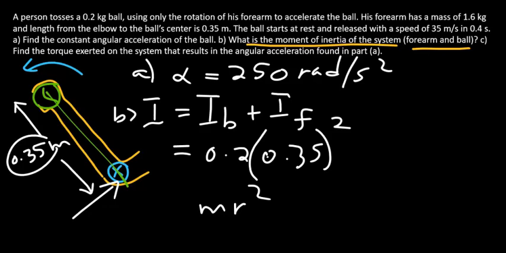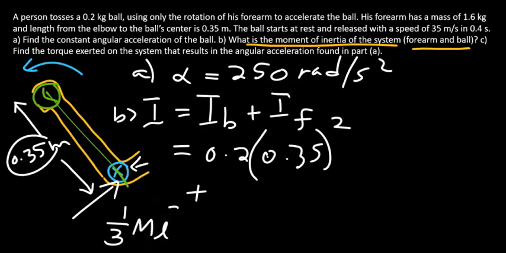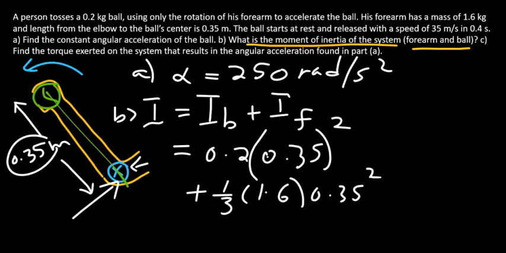As for the forearm, it can be modeled as a rod rotating about an axis through one end. So that means the equation is 1/3 times the mass of the forearm times the length of the forearm squared. So 1/3, the mass of the forearm is 1.6, L is 0.35 squared. Summing the two, we get an answer of 0.09 kg meter squared.